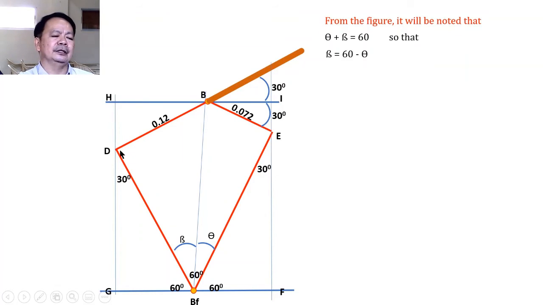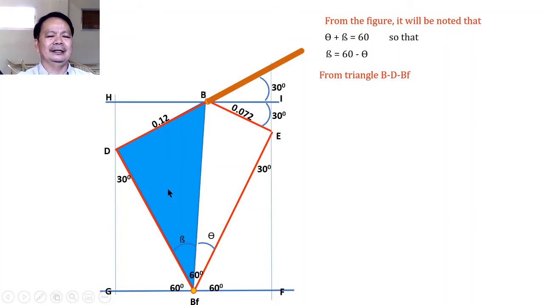Do you see that this triangle DBBF is adjacent to triangle BEBF? So, let us first look at triangle BDBF, this triangle here. Let me color it. That is a right triangle.